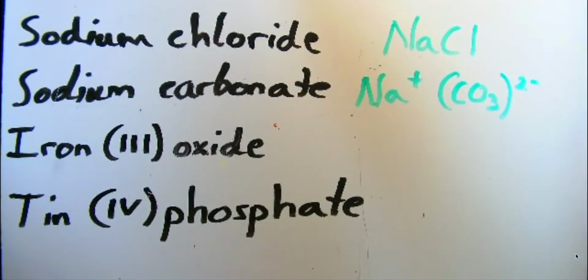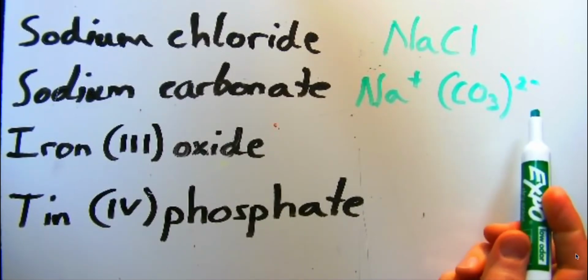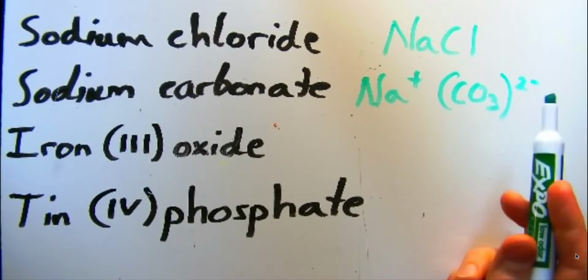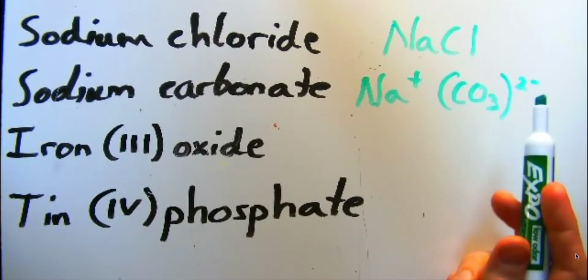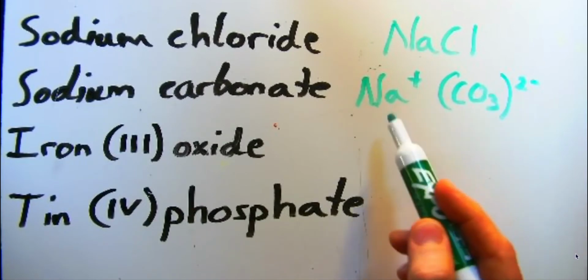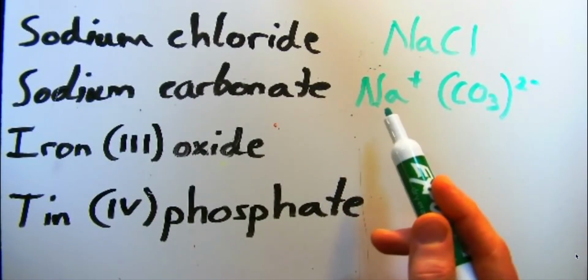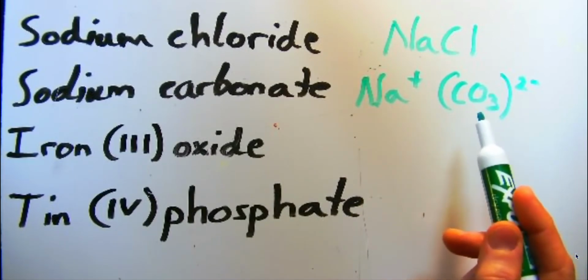Okay, how many of those things need to combine together to make something that is electrically neutral? Well, we have something with a +1 charge and something with a -2 charge. So if we just had one of each, that wouldn't be neutral. We'd have too much negative charge. So what we need to do is have two of these, two entire sodium atoms bonded to one of these polyatomic ions.